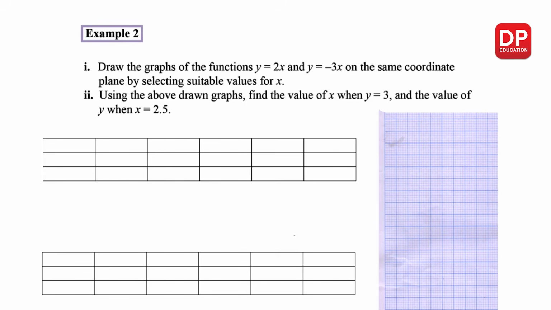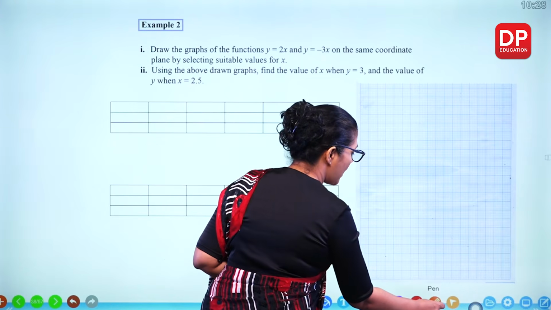Example number 2. Draw the graphs of the functions y equals 2x and y equals minus 3x on the same coordinate plane by selecting suitable values for x. Using the above drawn graph, find the value of x when y equals 3 and the value of y when x equals 2.5. So we'll first create the table.